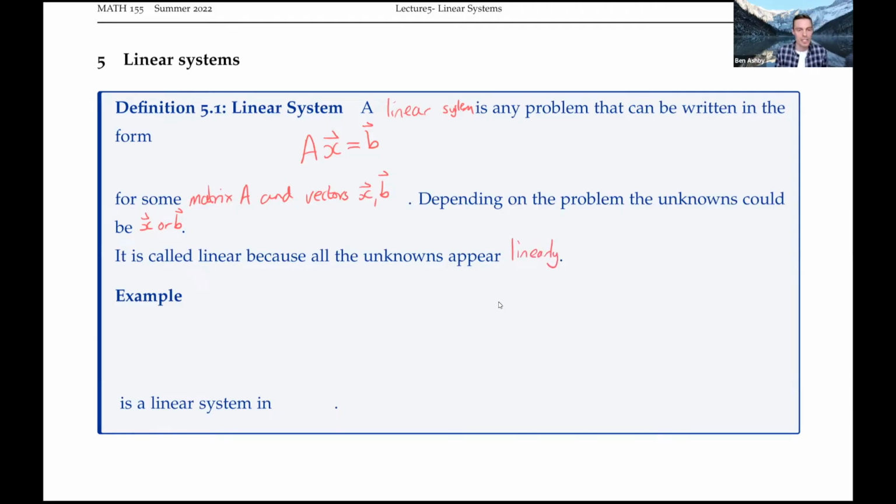So that means there aren't things like X squareds and Y squareds in the components of our vectors.